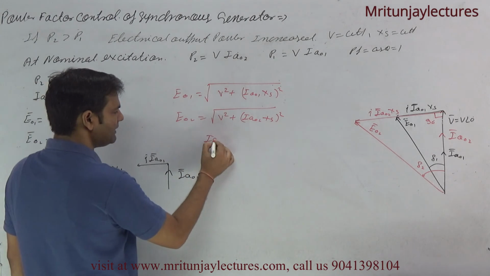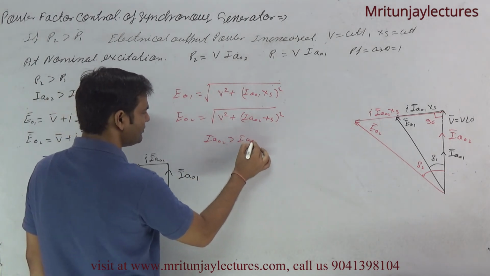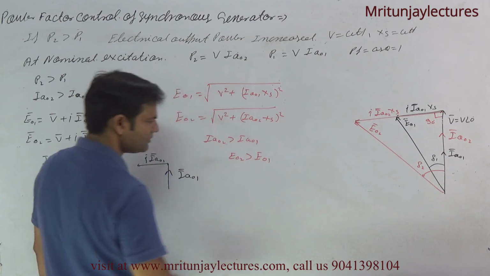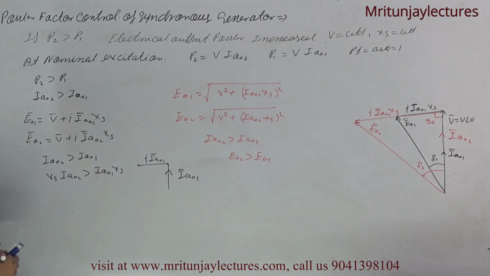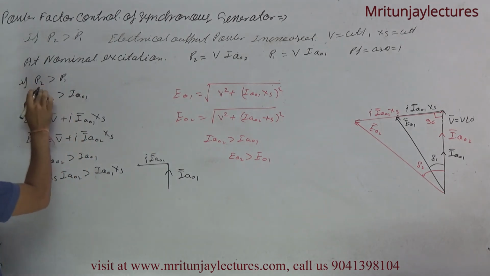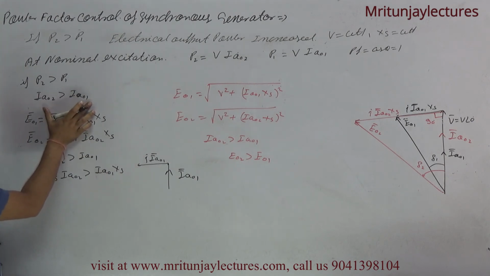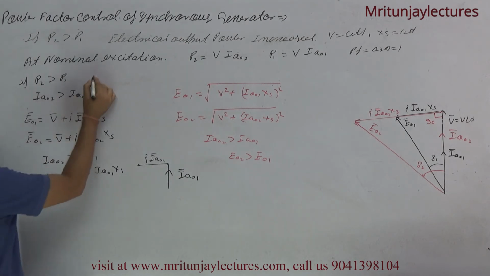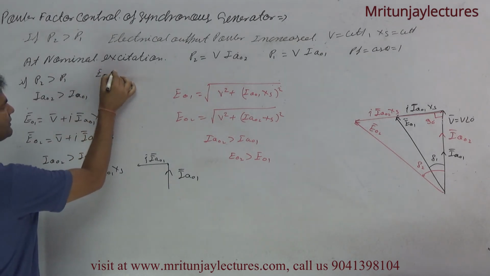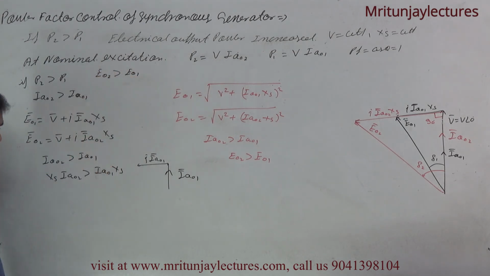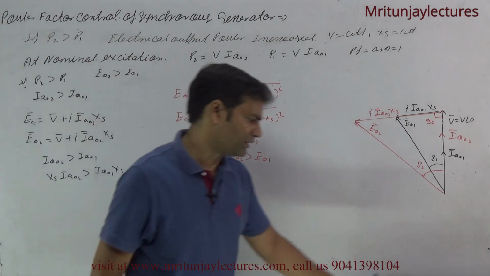Okay, IA02 is greater than IA01, so you can say that E02 is greater than E01. Finally we got: if P2 is greater than P1, then the armature current is greater, and the excitation voltage relation is that E02 is greater than E01.